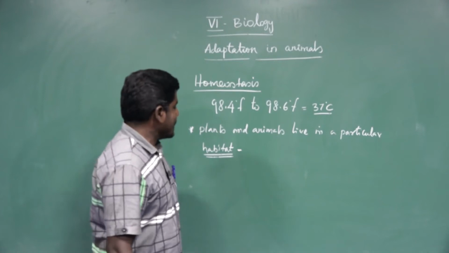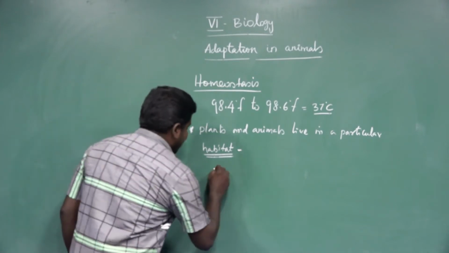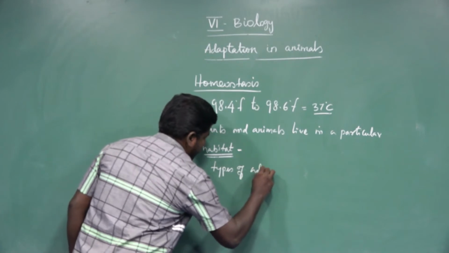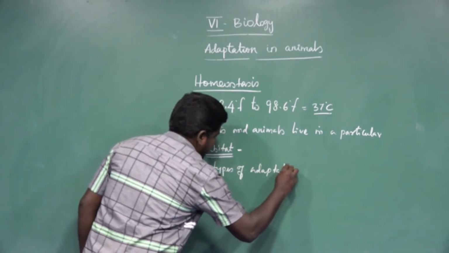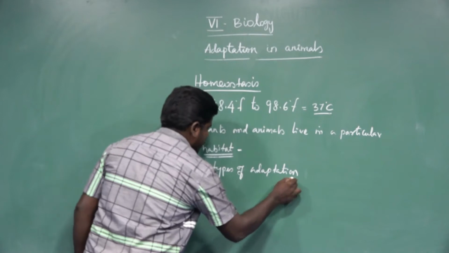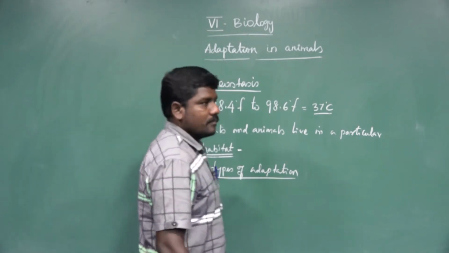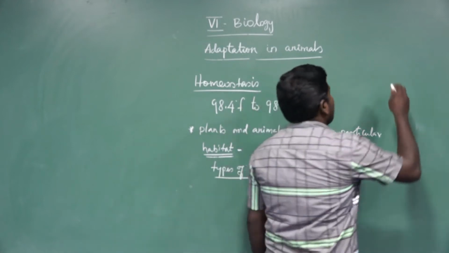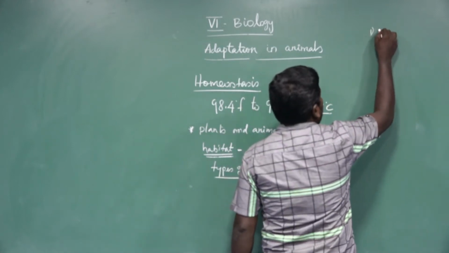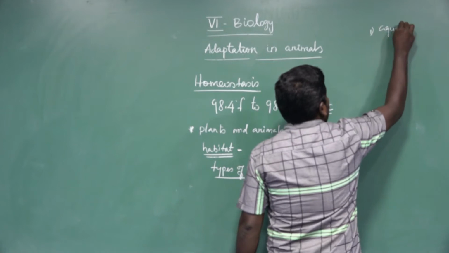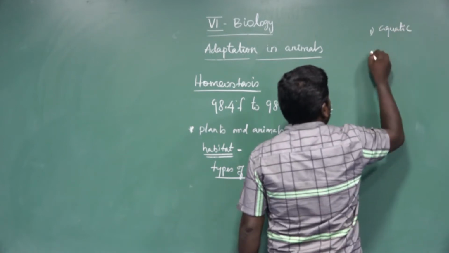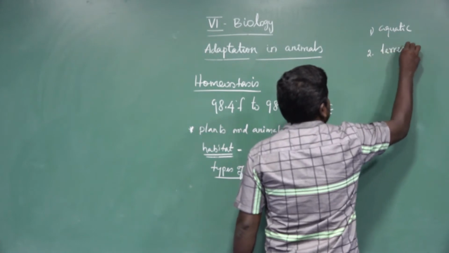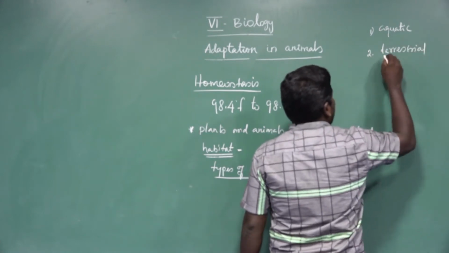Next we go to the types of adaptation. There are two types: one is aquatic adaptation, and another one is terrestrial adaptation.